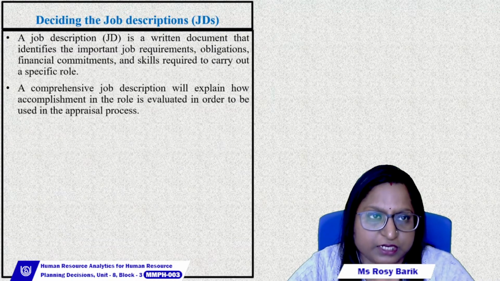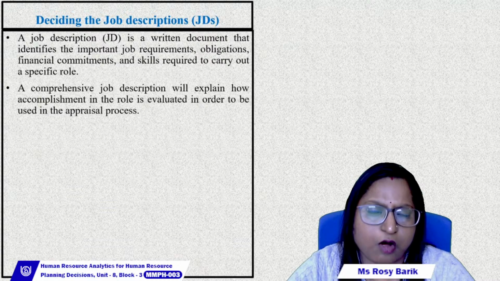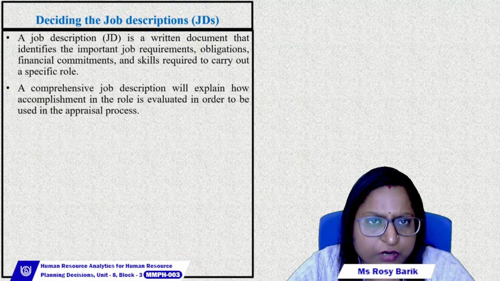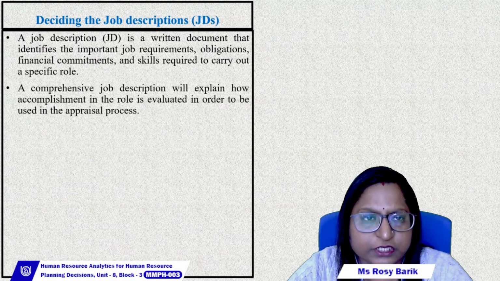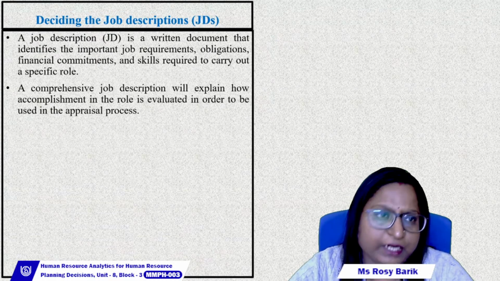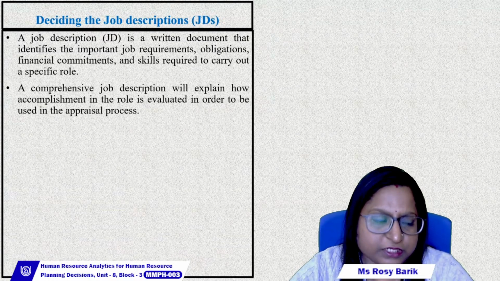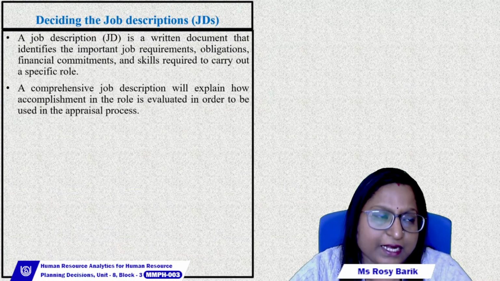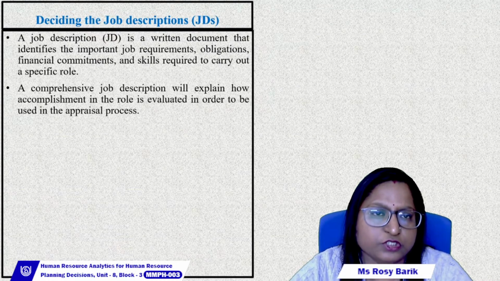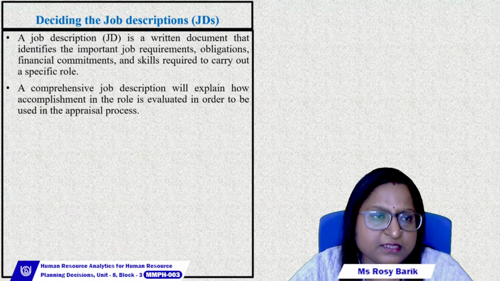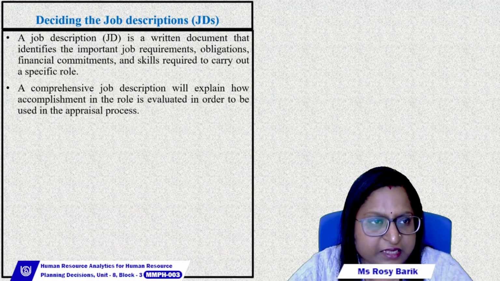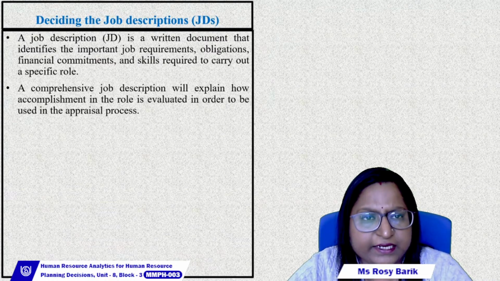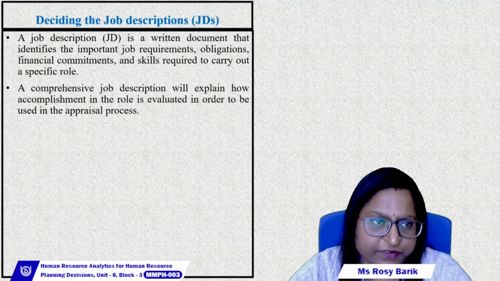Then job description. How should we decide the job description? Based on the demand of the organization, based on the mission, vision, or the job requirement, we can decide the job description. A job description is a written document that identifies the important job requirements, obligations, financial commitments, and skills required to carry out a specific role.